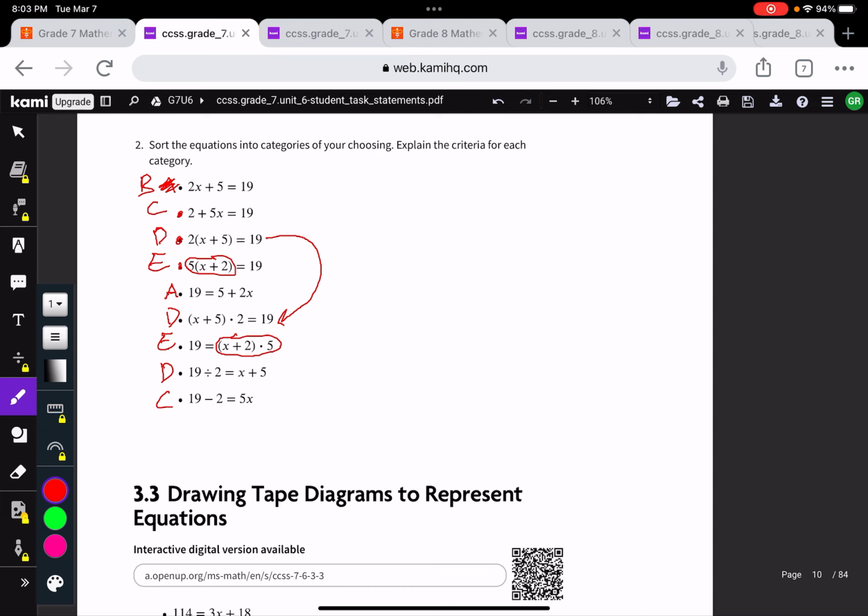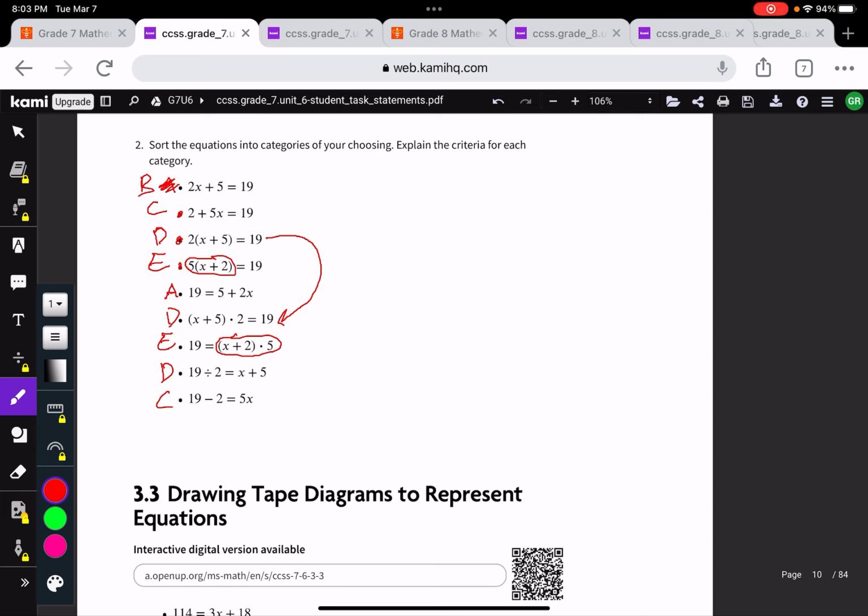So we've got a match for each one of those equations. It does say sort the equations into categories of your choosing. Explain the criteria for each. If you looked at all those, I bet you could come up with 2 or 3 categories. You have any ideas?